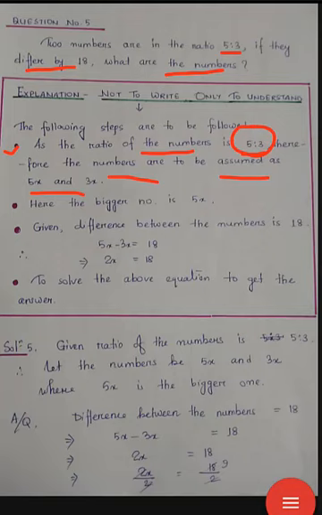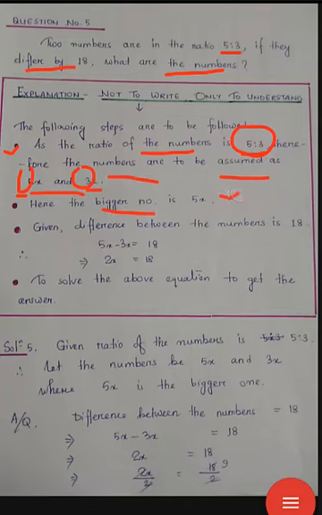Of course, among 5x and 3x, when x is the same quantity on both terms, it is very clear that 5 is bigger than 3, so 5x will be bigger than 3x. Therefore, here the bigger number is 5x.